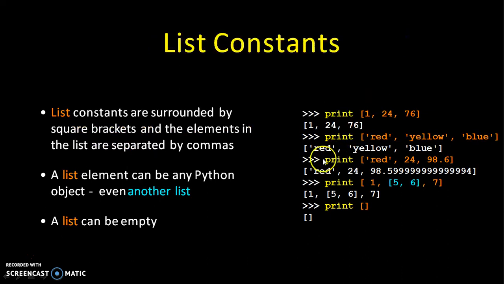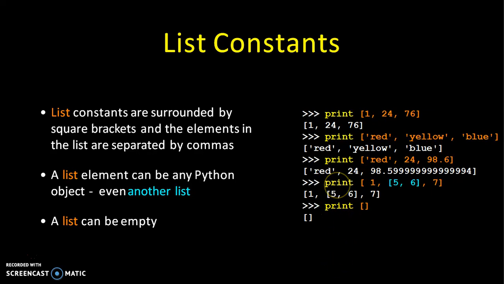We have another example here, which is a combination of a string, an integer value and a floating value. We can also have a list of that kind. We can also have a nested list, where one list is included in another list.